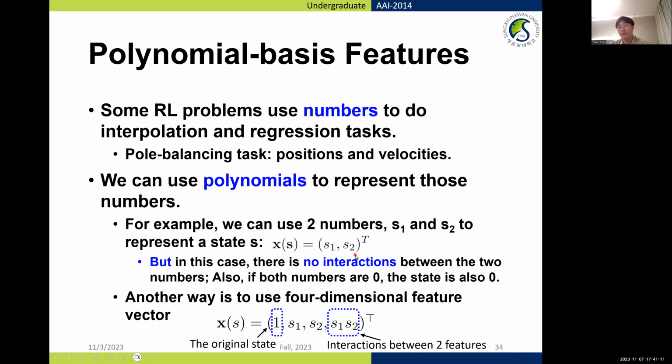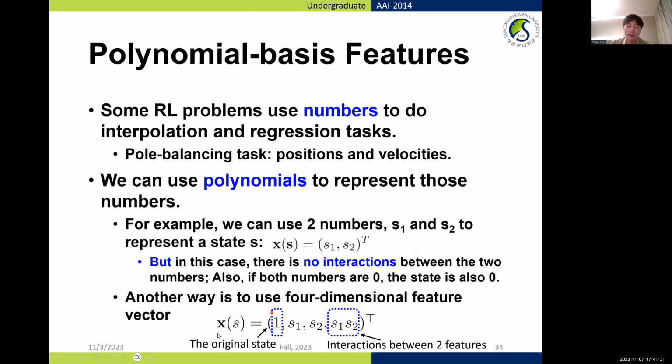They just update their weights by themselves. Also, if both numbers are 0, the state is also 0, which means they cannot represent the value for some states.